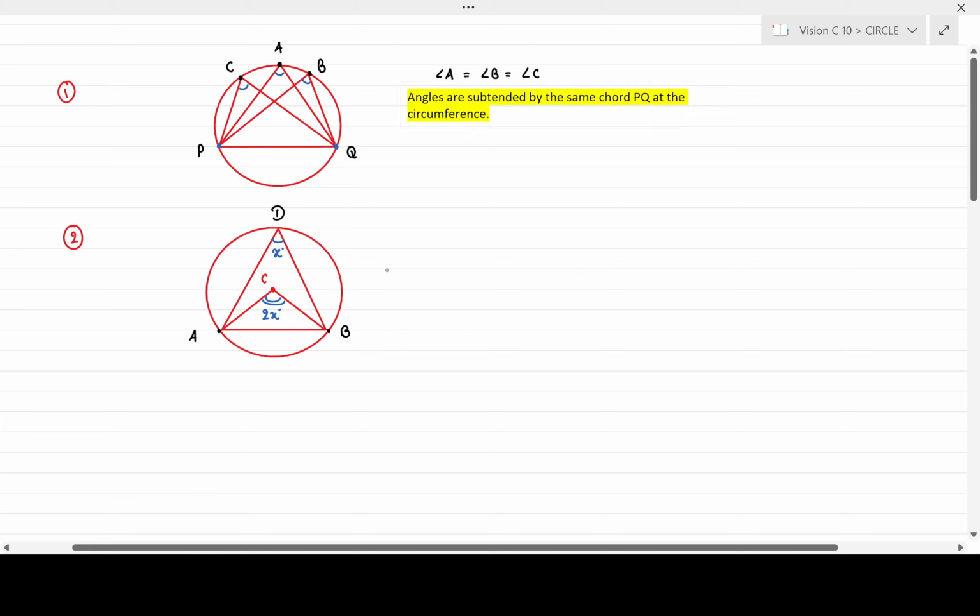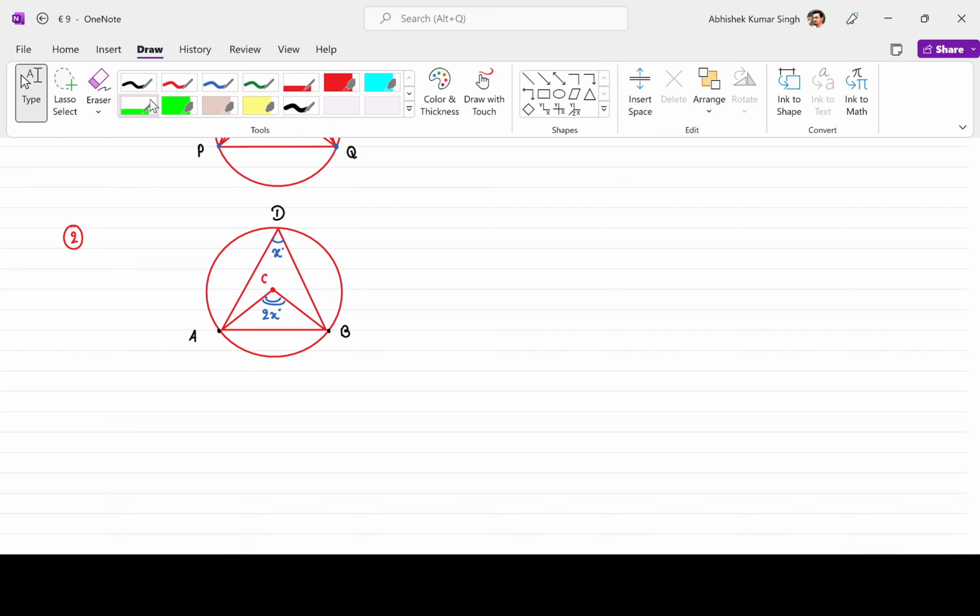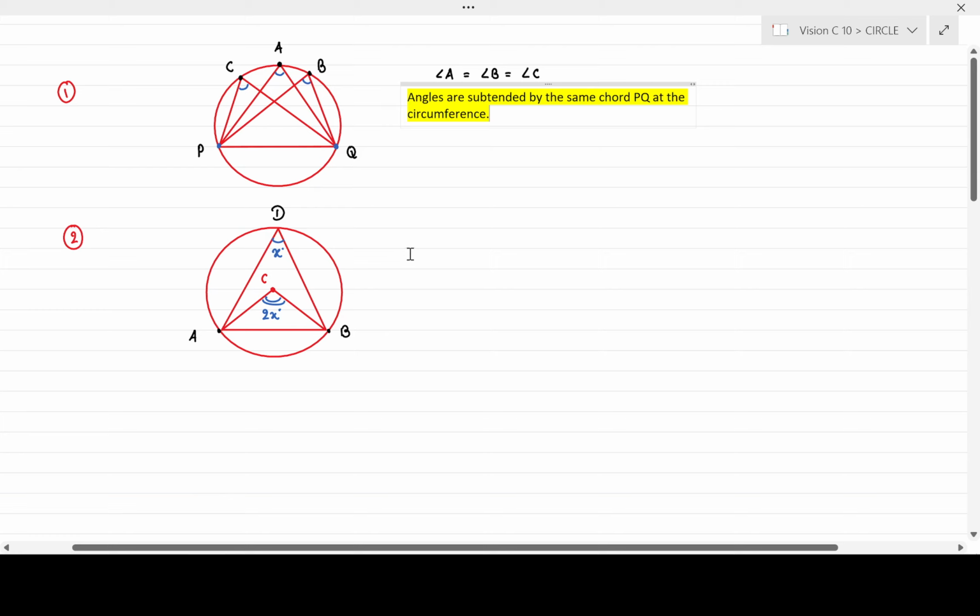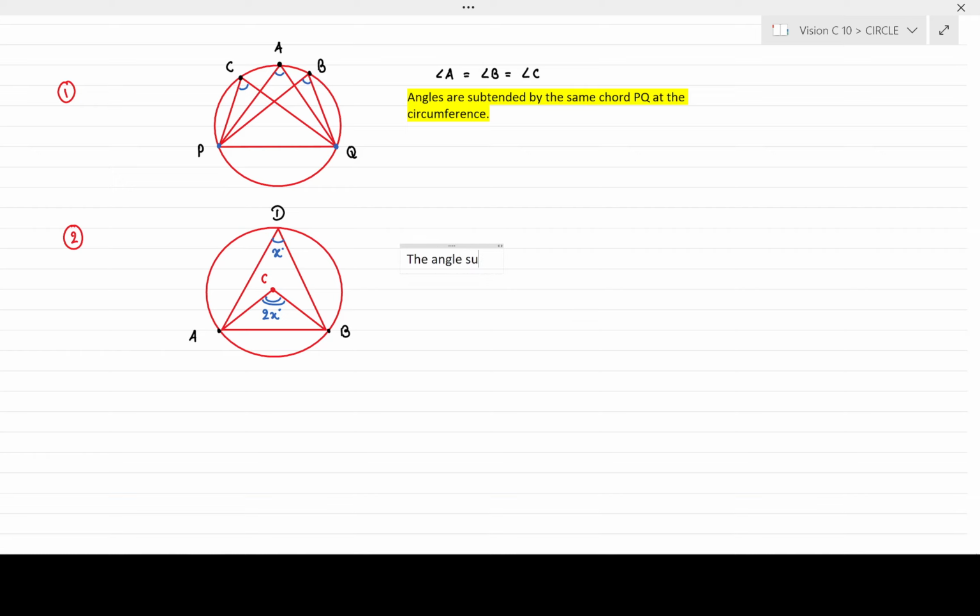Okay. Now, for this, what should be the correct statement to be written as reason? The angle subtended at the center of the circle is twice the angle subtended at the circumference of the same circle.